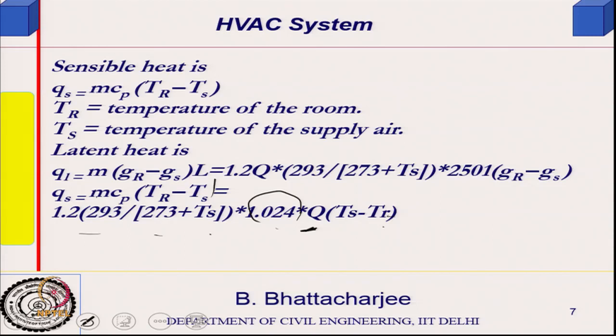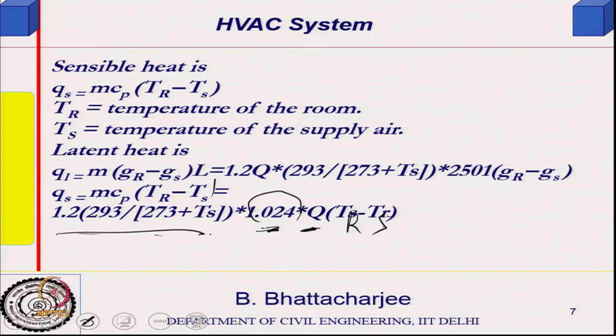It should be Tr minus Ts only, because Tr will always be higher; the absolute value has to be taken anyway. The specific heat is taken to be 1.024, right. So this is the density, Q is the volume, and the specific heat into Tr minus Ts. That's what it is.